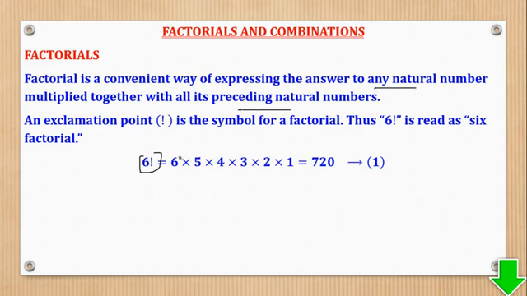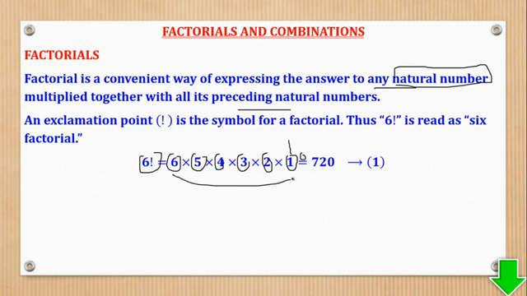So I begin with 6, reduce by 1 to get 5, reduce by 1 to get 4, then 3, then 2, then 1. We stop here, because if I reduce by 1 I'll get 0, and any number multiplied by 0 is 0, so it would be meaningless. So you have to stop at 1, based on the words natural numbers.